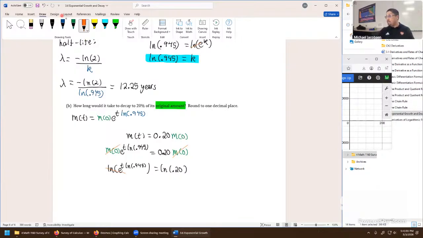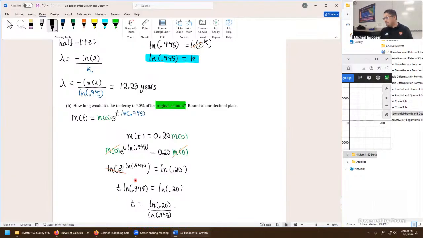The logarithm cancels with the base exponential, so all that's left is t times natural log 0.945 equals natural log of 0.20. Then we just divide by that relative decay rate. So t is going to be equal to natural log 0.20 divided by natural log 0.945.